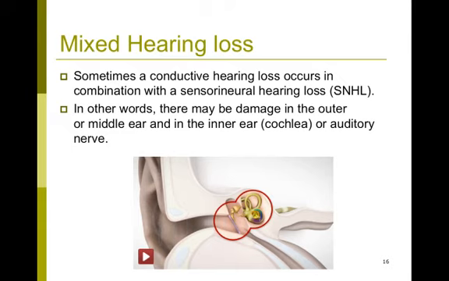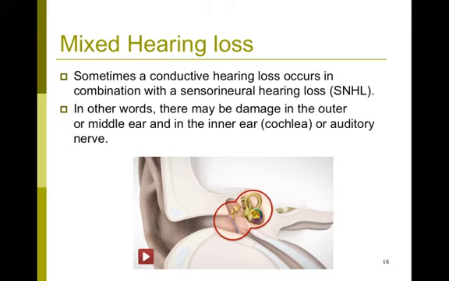In other words, air conduction is affected, bone conduction is also affected, but the bone conduction thresholds are better than the air conduction thresholds. Okay. Something that we call an air-bone gap. So when you see that, then that would be a mixed hearing loss.